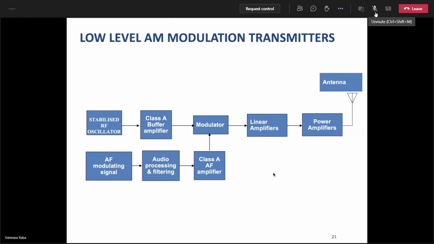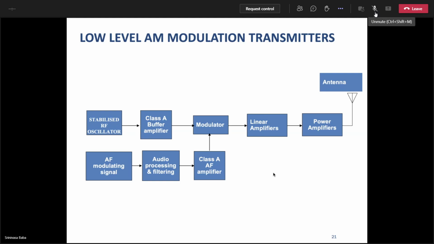Linear amplifier. Here, why we are using linear amplifier is my information signal is placed on the carrier signal in the amplitude fluctuations. My information is present in the amplitude fluctuations. If I am not using a linear amplifier, if I am using a non-linear amplifier, what will happen is the shape of the AM signal will be changed.